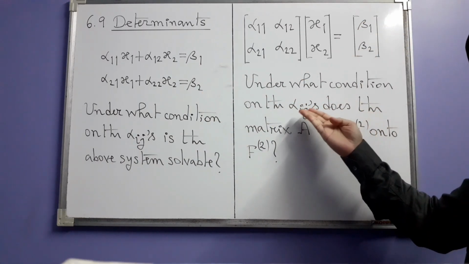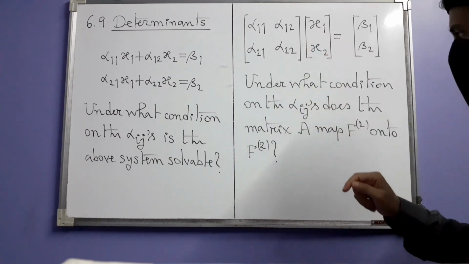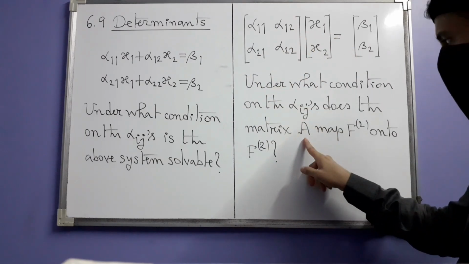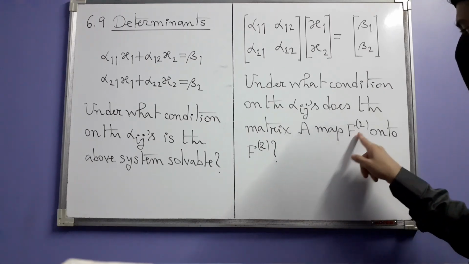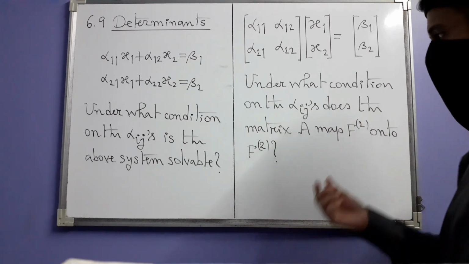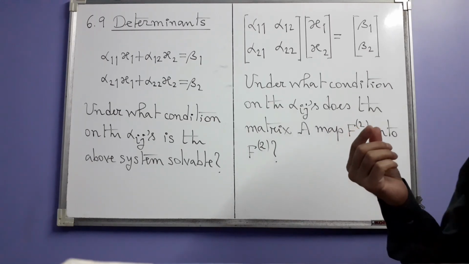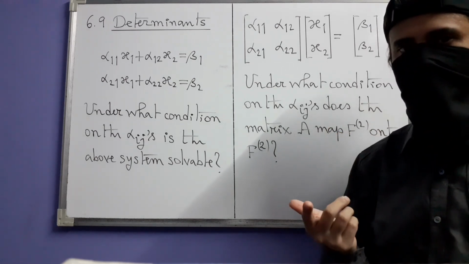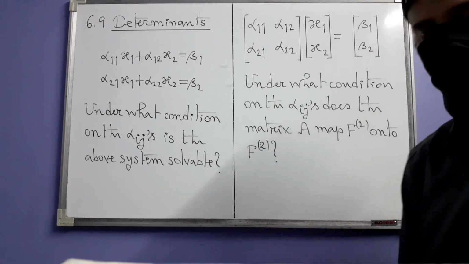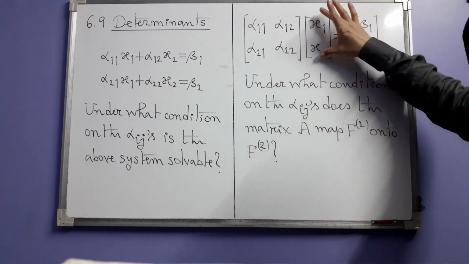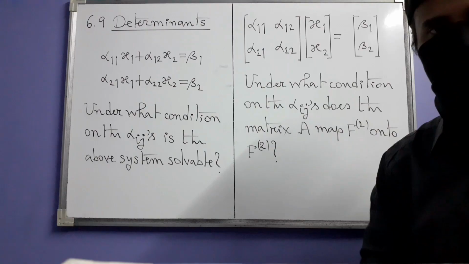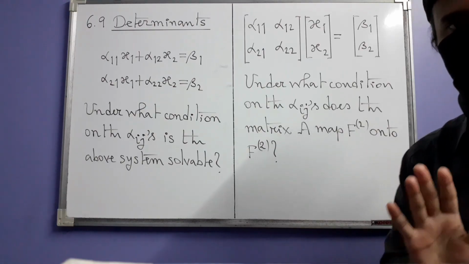Under what condition again on these alpha ij's does the matrix A, meaning this matrix is being called A, map F2 onto F2? Recall that F2 is the vector space of all ordered pairs of elements of the field F. You may think of these columns as those ordered pairs. Actually, they are not, strictly speaking.